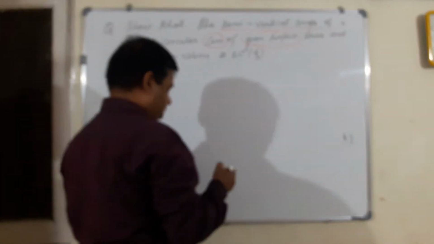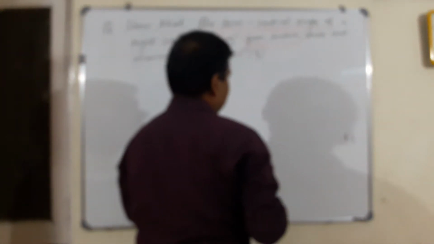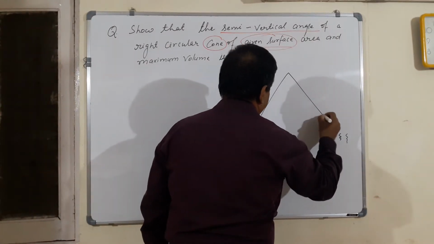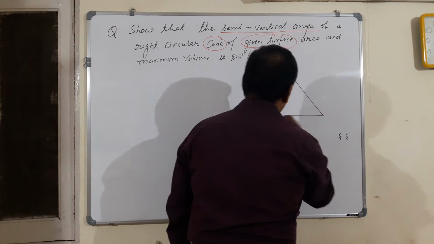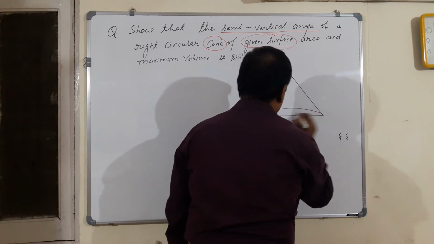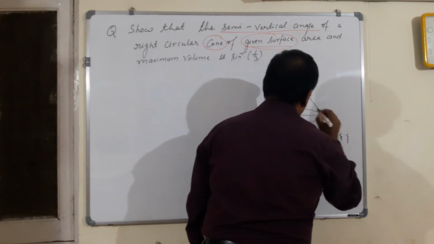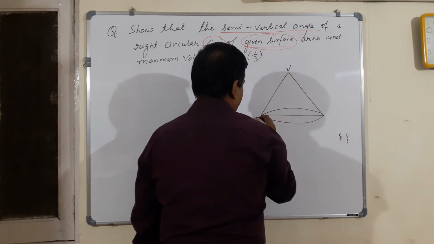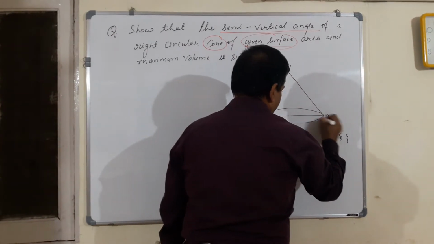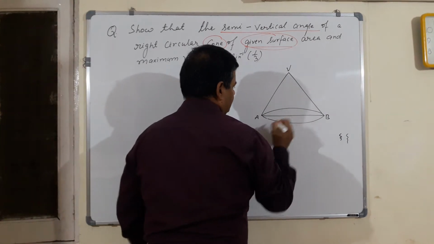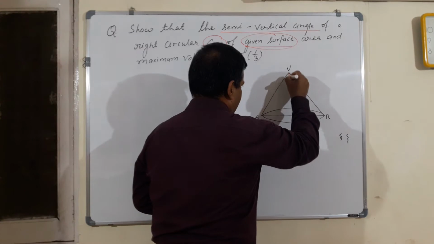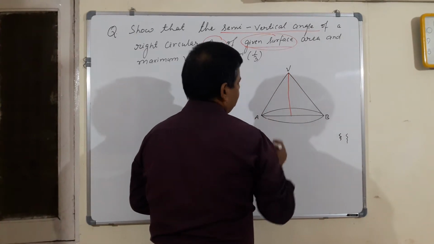See here, this is a right circular cone VAB, and here is the perpendicular.